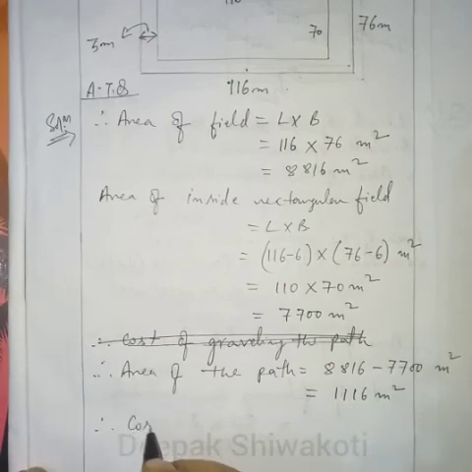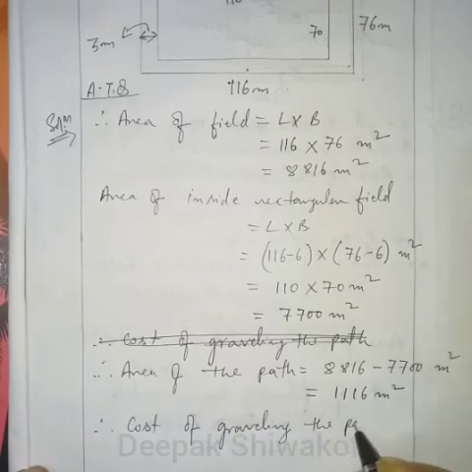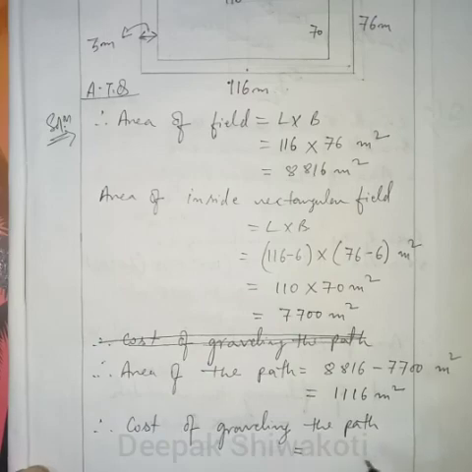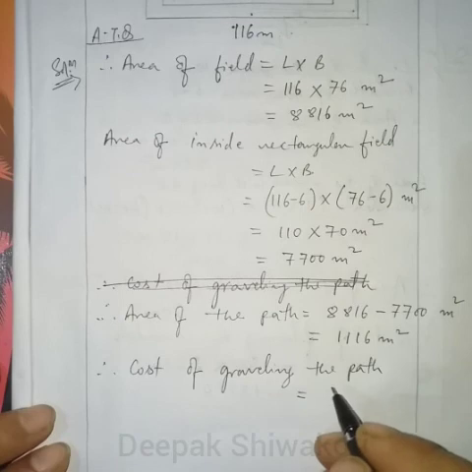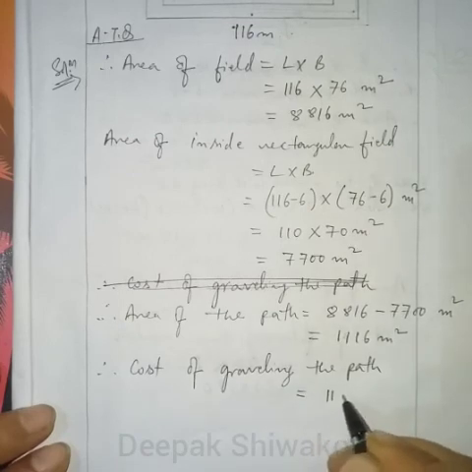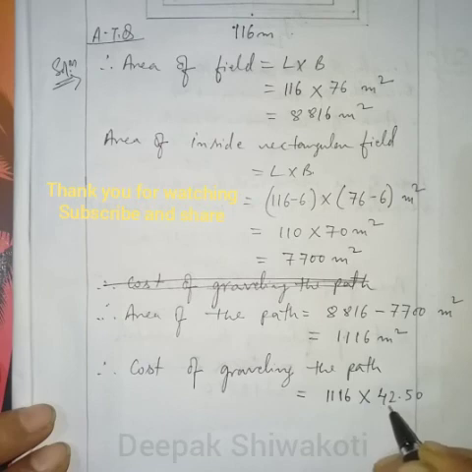Now we can find the cost of graveling. Therefore cost of graveling the path will be equal to the area of the path into the rate of graveling, that is 1116 into the rate, which is 42.50 rupees.